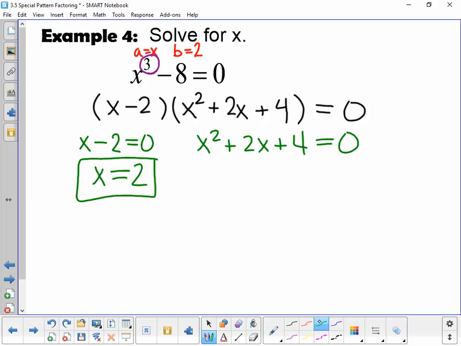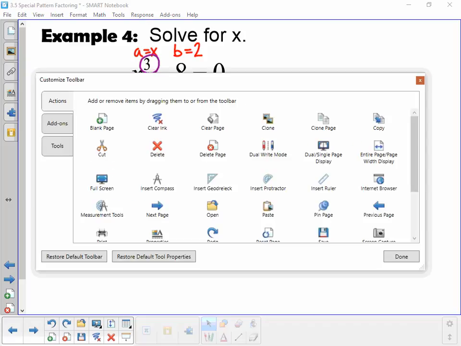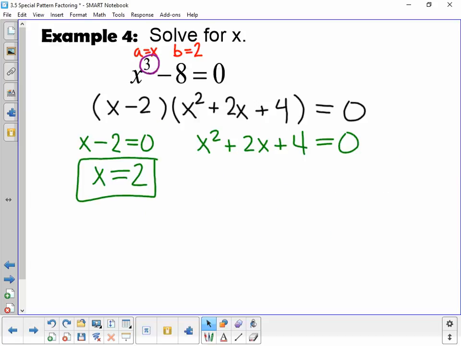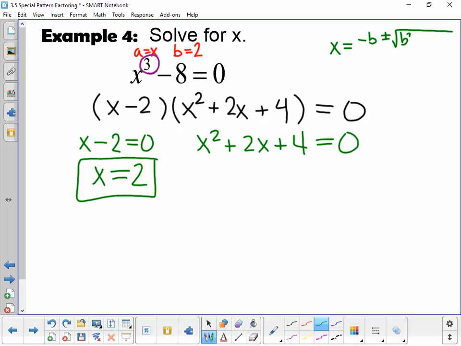So if we have a quadratic that we want to solve and it is not factorable, we have to use the quadratic formula. Oops, I lost my pen. x equals negative b plus or minus the square root of b squared minus 4ac all over 2a.